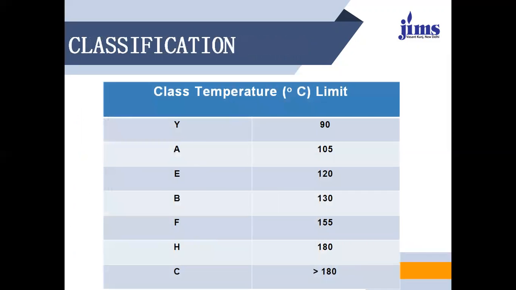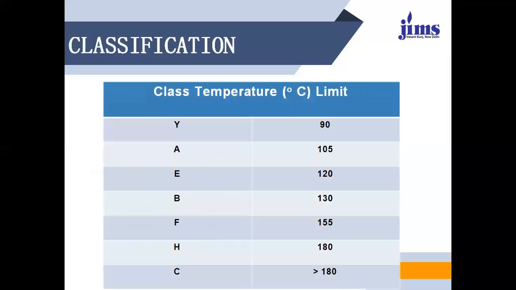Next is the classification of insulation materials as per their temperature. There are seven categories identified on the basis of their temperature limit.